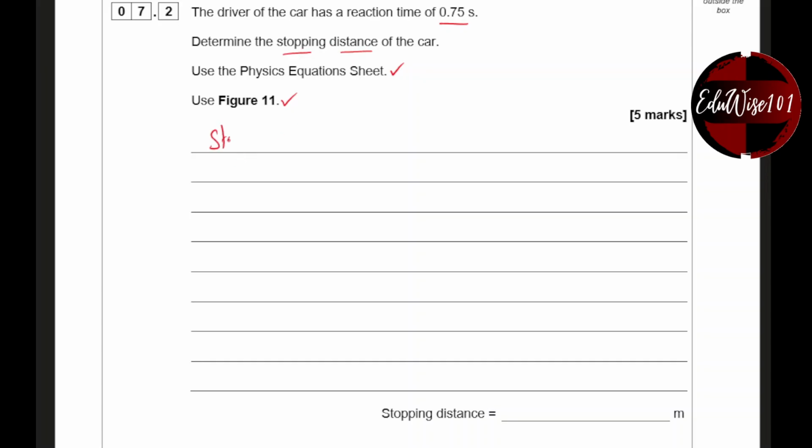Now, you're trying to determine the stopping distance. Remember, stopping distance equals thinking distance plus the braking distance.